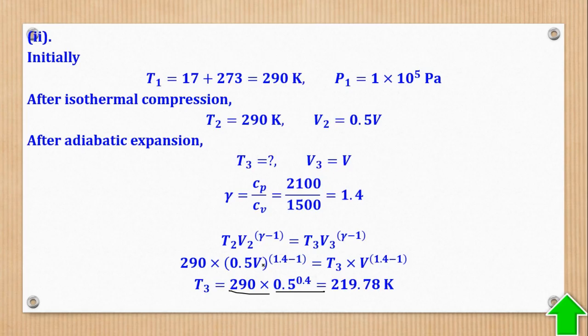This one is 0.5 V divided by V, which is this, and everything is raised to the power 0.4. So V will cancel and remain 0.5 to the power 0.4, which is there. Using a calculator gives you the temperature, and that's the final temperature they wanted.